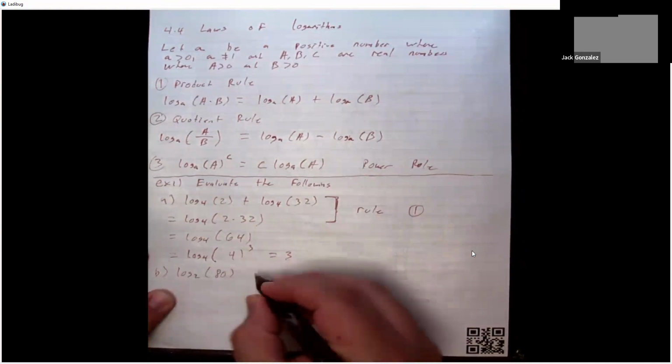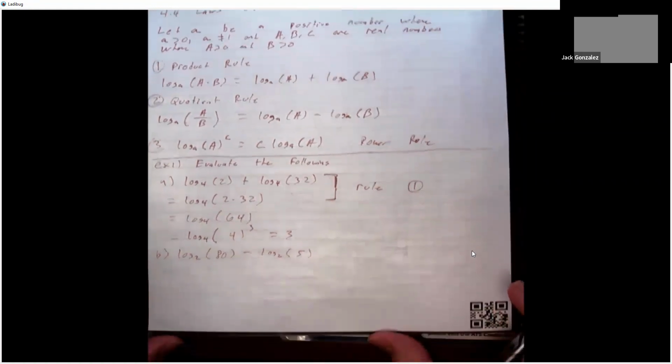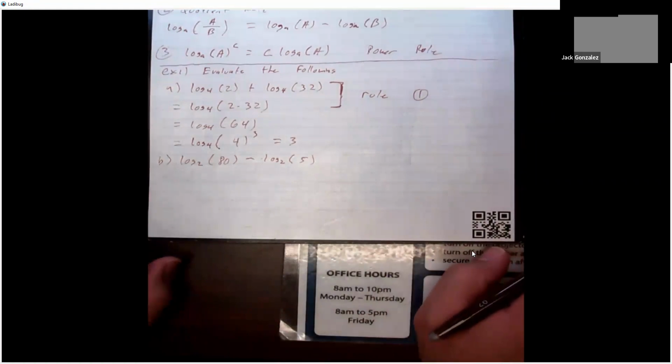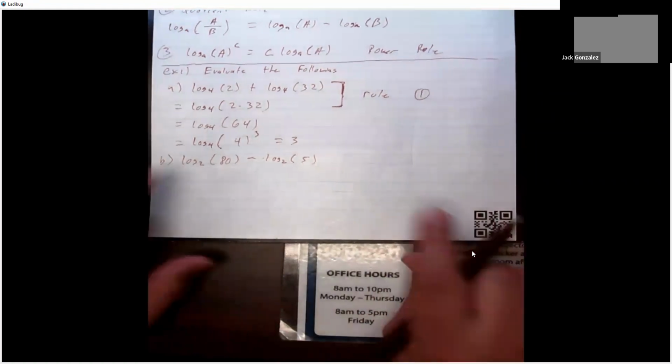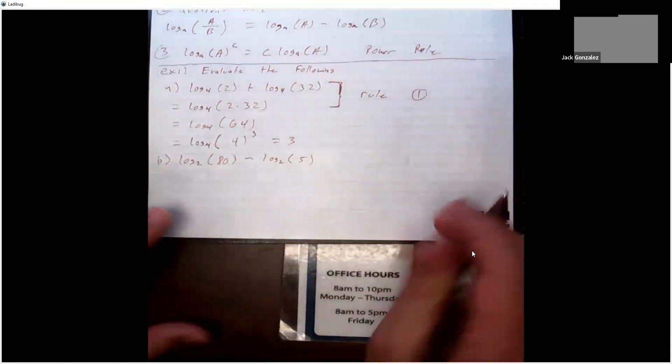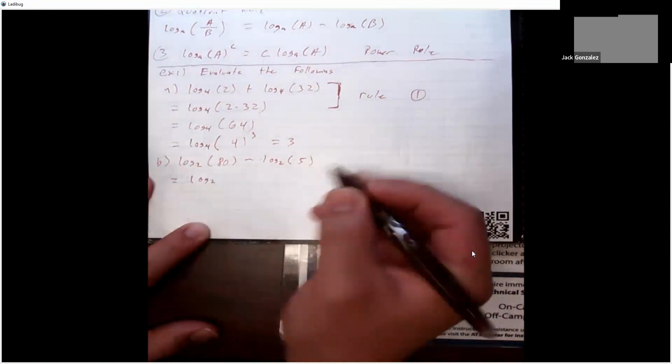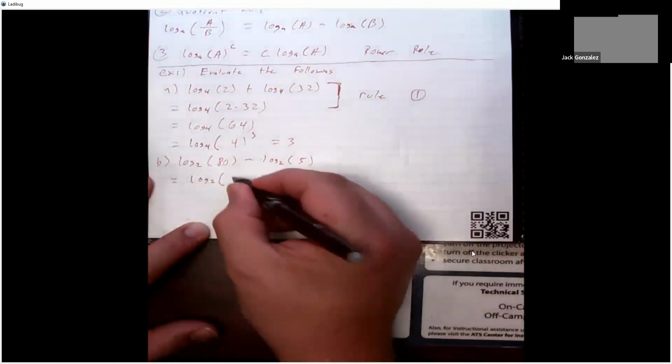Log base 2 of 80 minus log base 2 of 5. So if I have a difference, you will divide it, right? What is 80 divided by 5?